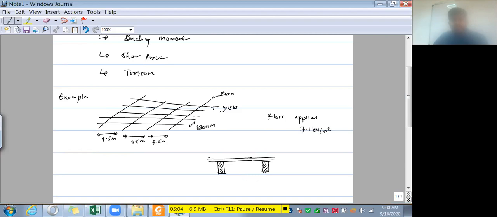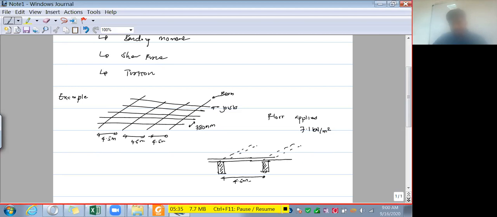Then on top of that, you have the sheet, and the floor load acting, that is 7.5 kilonewton per meter square. Each beam is spaced at 4.5 meters.